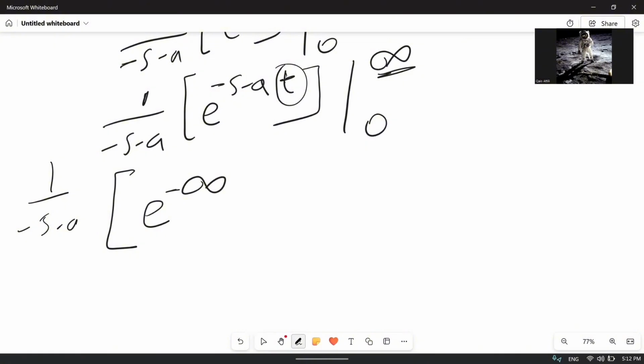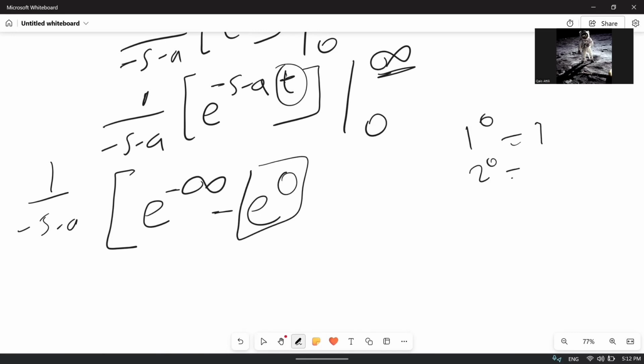So e to the minus infinity minus e to the 0. Okay, so the exponential here, as we multiply by 0, anything to the power 0, let's say 1 to the power 0 is 1, 2 to the power 0 is 1 as well.